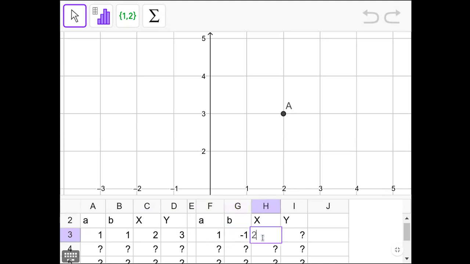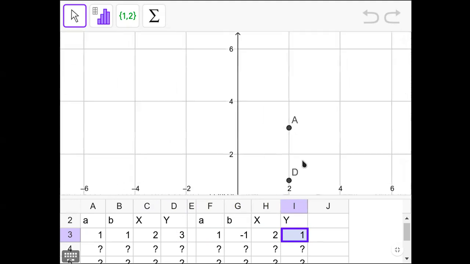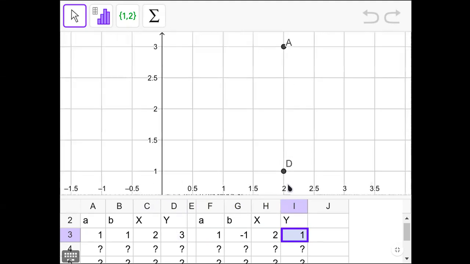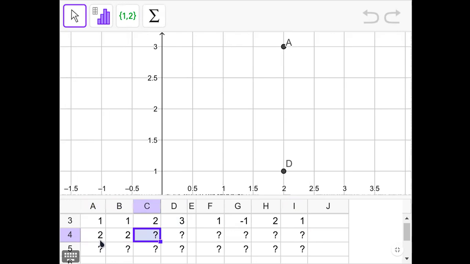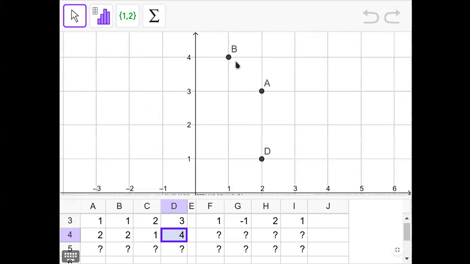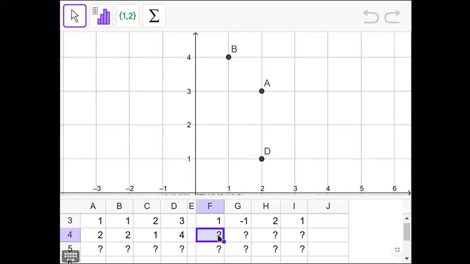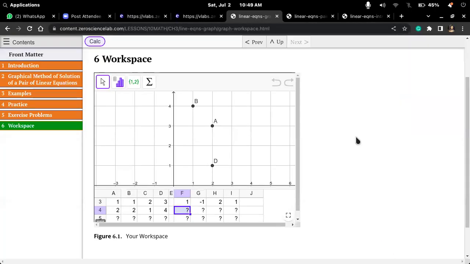I selected 2. Okay, let us see. So I have another point here. I go with some other point. I'm very crude at this, but exactly where this point comes, anything. So this forms a line. So this is how you can use this tool.